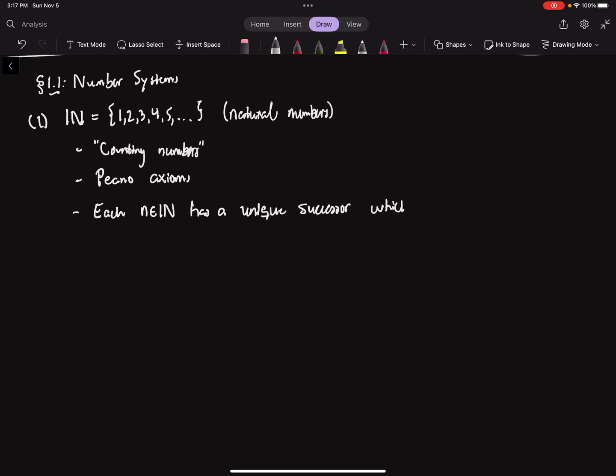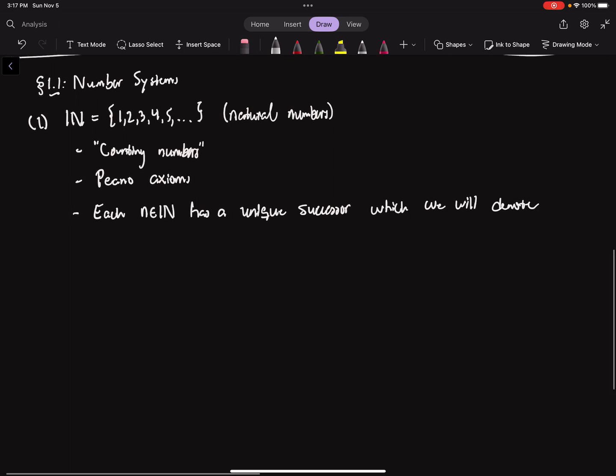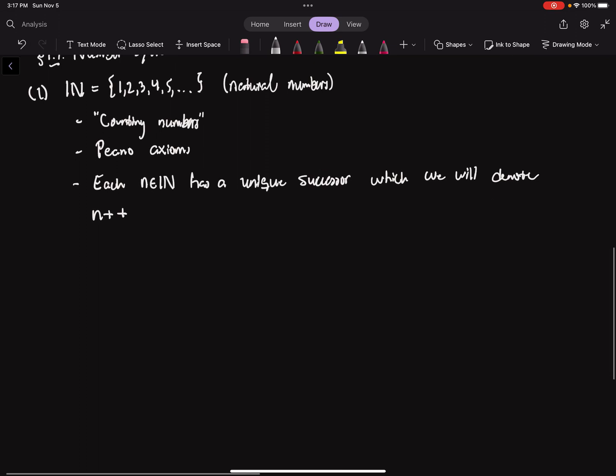Each natural number has a unique successor, which we will denote n++. And this borrows from C-based programming languages. I think Terence Tao also uses this in his book, which I think is kind of cool. So for instance, to give an idea of what I mean, 1++ is 2. 2 is the successor of 1.